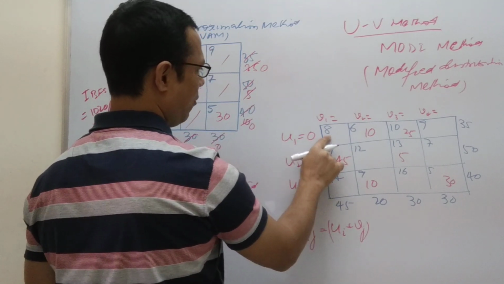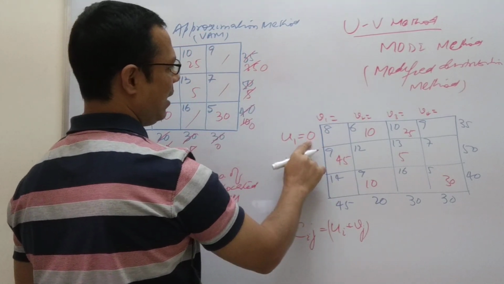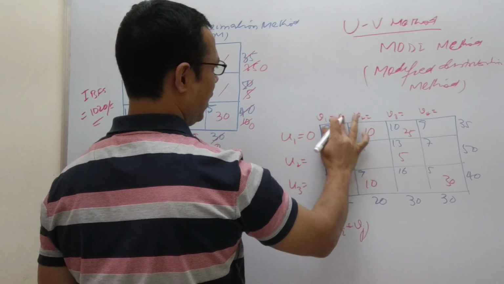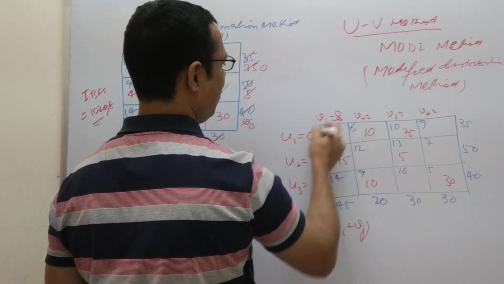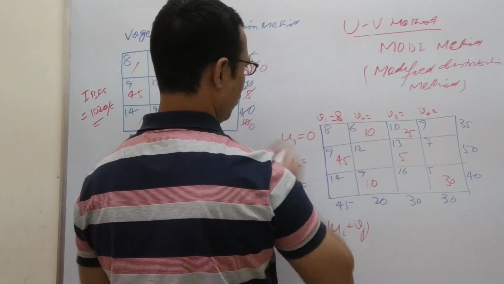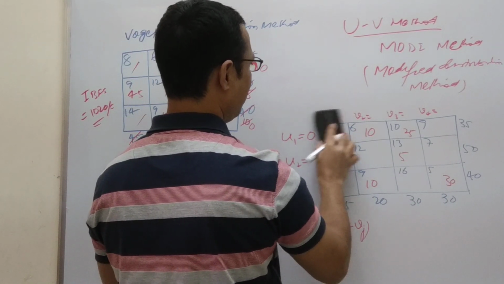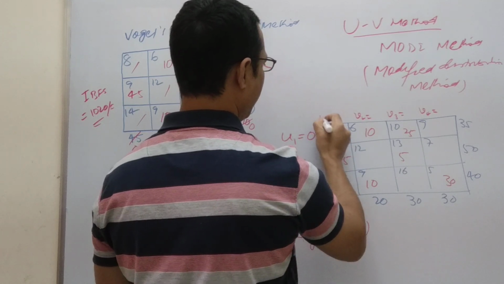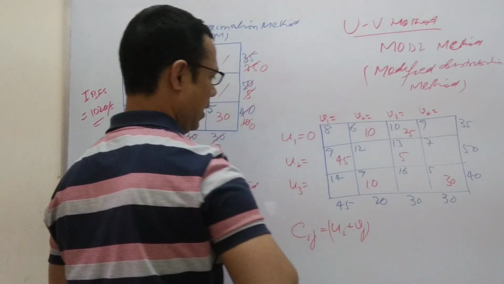So just check what is Cij. Cij is 8 and here is a 0. If you put 8, 0 plus 8, the result will be 8. Sorry, we can find u and v only for the allocated cells.